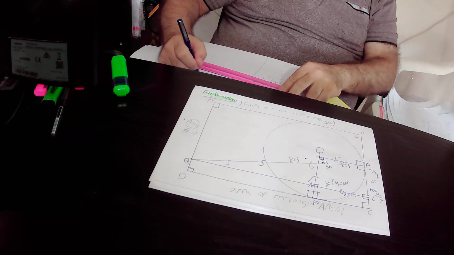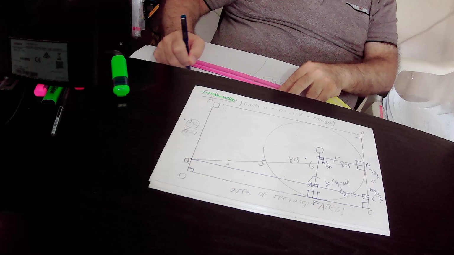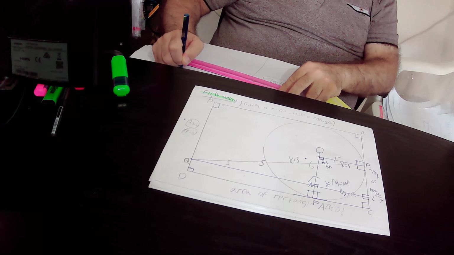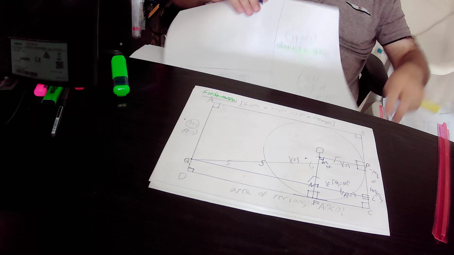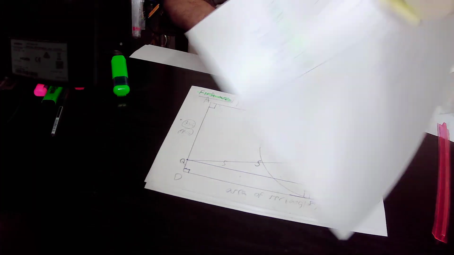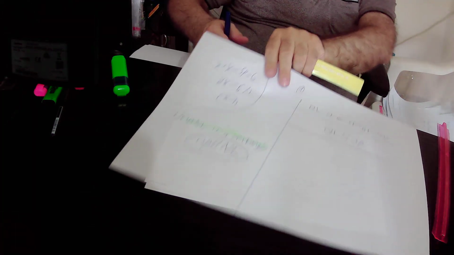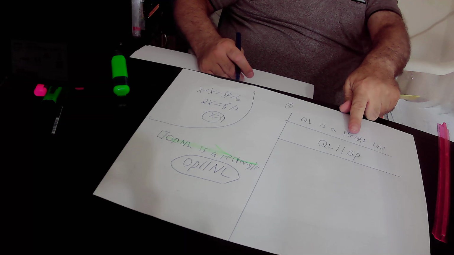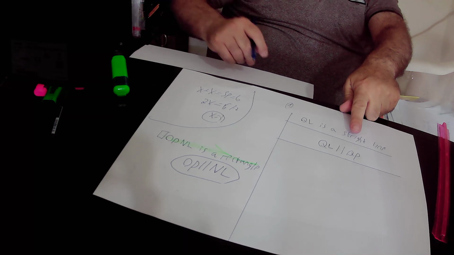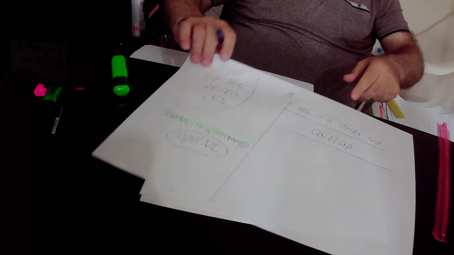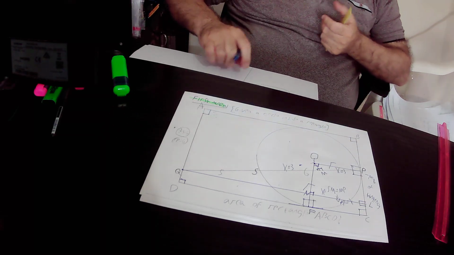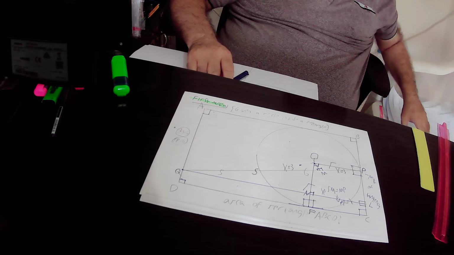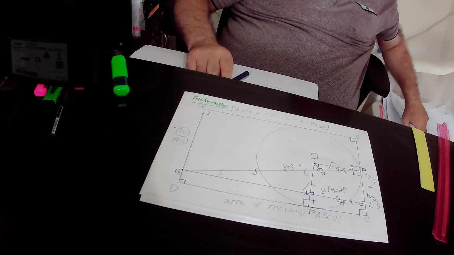So you can write down that QL is parallel to OP. And from the fact that QL is parallel to OP, we have here rule number 7.